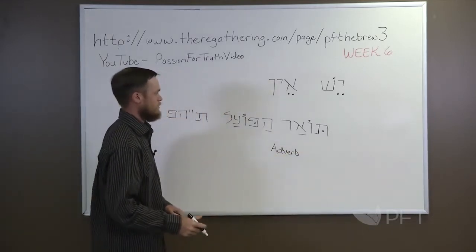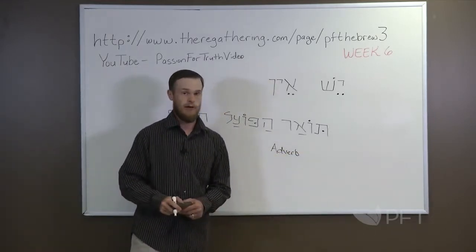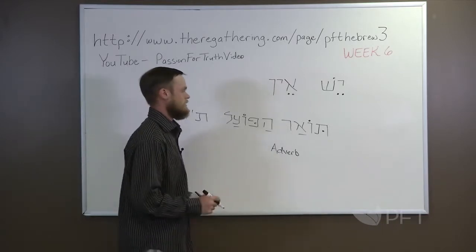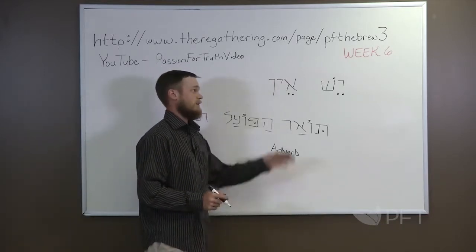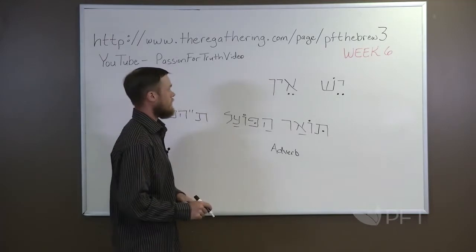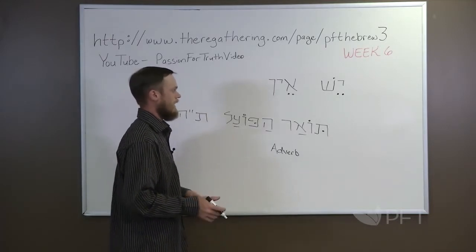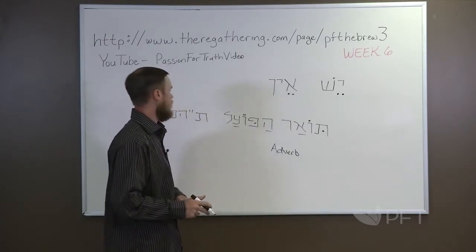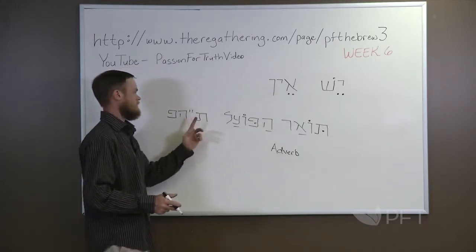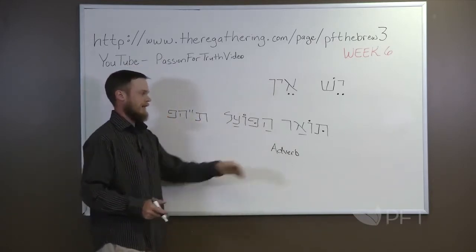Adjectives describe nouns, and adverbs describe verbs. I'm not going to get real deep into adverbs today, but I did want to introduce these two words, which are technically considered adverbs. So tav, double hash mark, he, pay, that's an adverb.